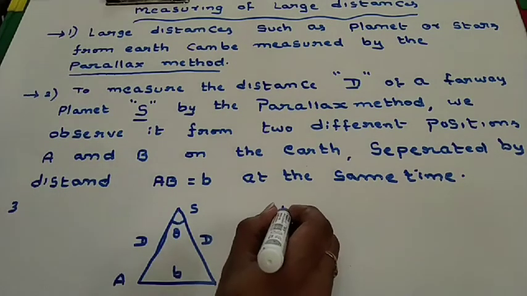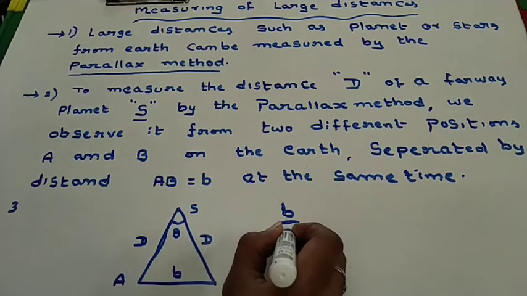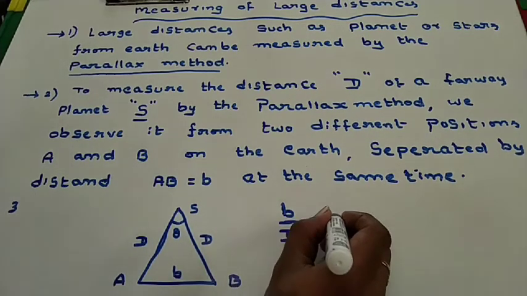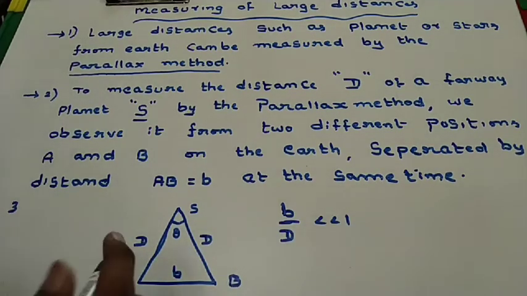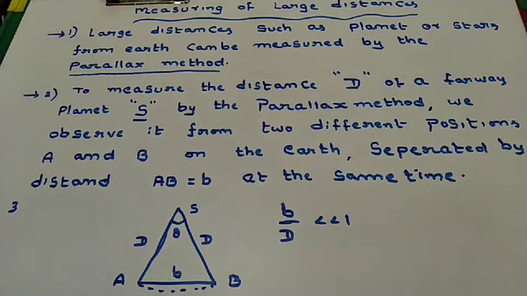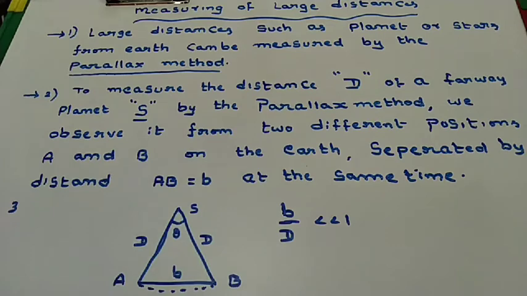Here b by D is always less than 1. This condition should be satisfied. Actually, this we can also consider as an arc. No problem. Consider this point number 3. So, this statement supports this diagram.